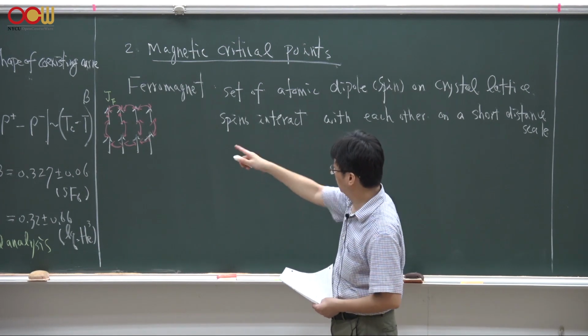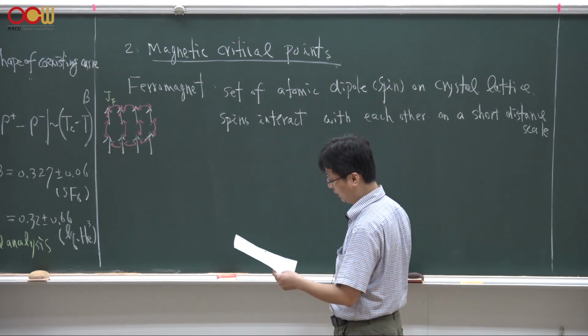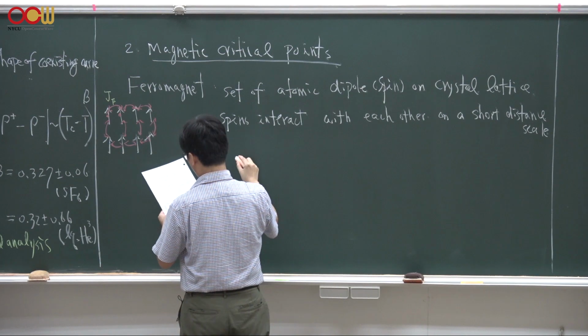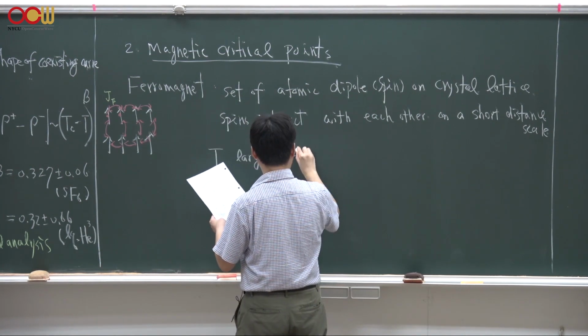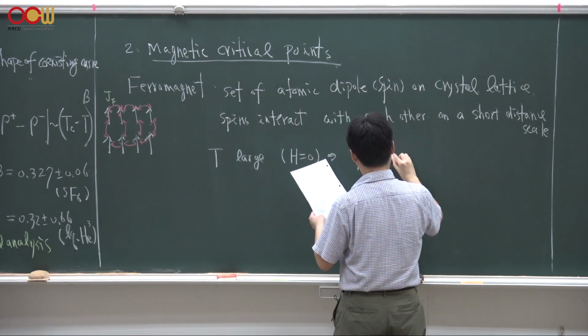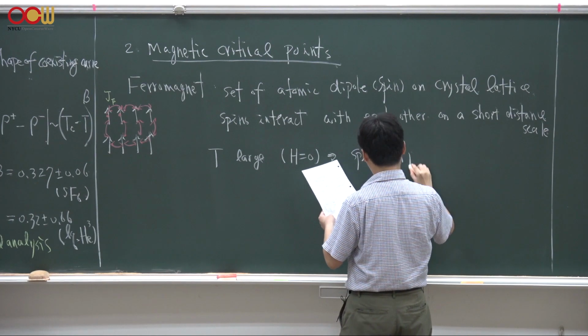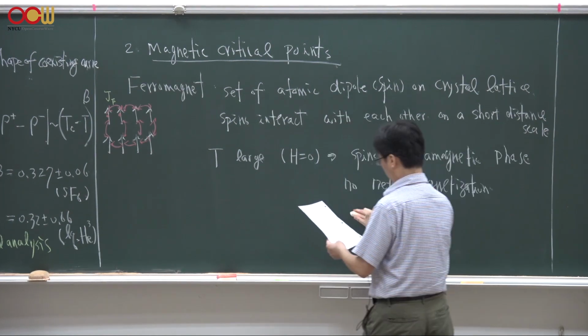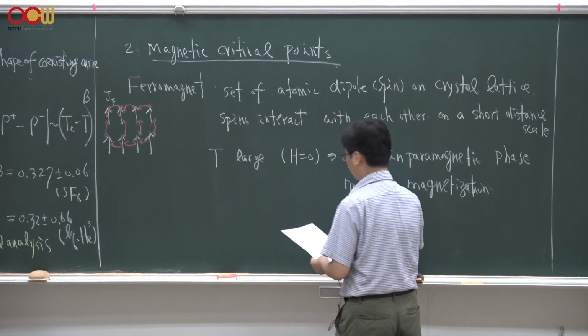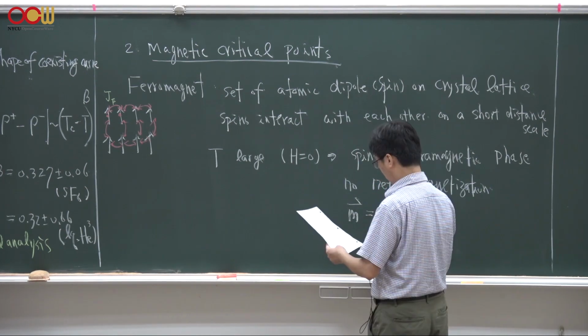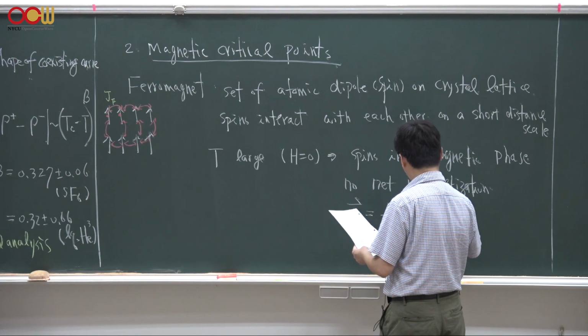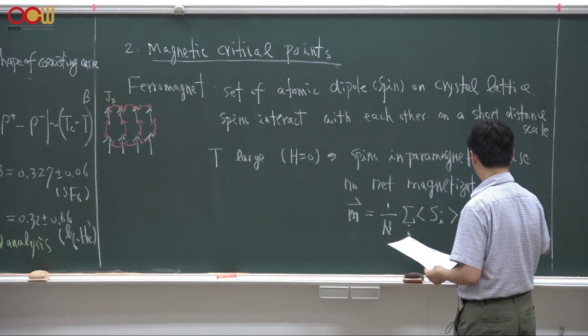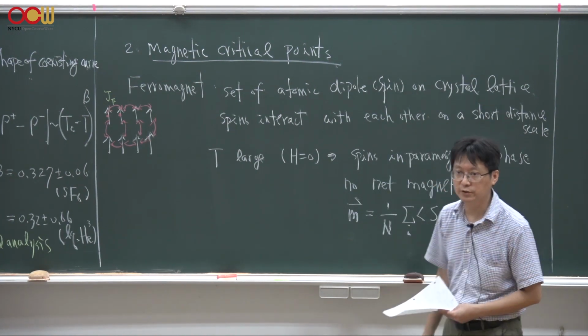That is the origin of this ordering in the ferromagnet. At large temperature and zero field, the spins are in the paramagnetic phase, and there's no net magnetization, meaning if I calculate the magnetization on each site and take the average, this is 0 in the high temperature limit.